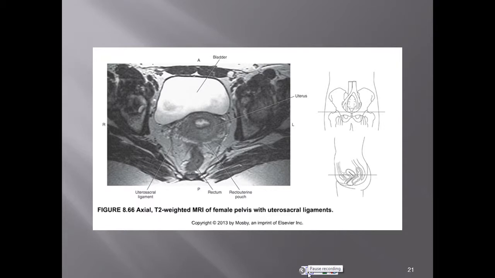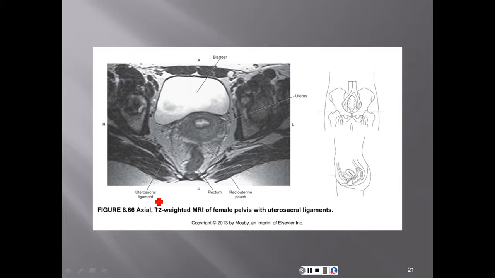And here we have the uterosacral ligament, a couple of ligaments that hold the uterus in place, suspensory ligaments of the uterus. The uterus is stabilized by several pairs of suspensory ligaments formed by the peritoneum. The round ligament extends laterally from the uterine cornu to the inner inguinal ring.